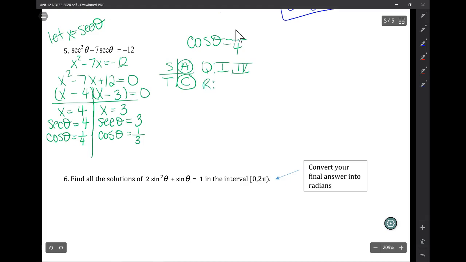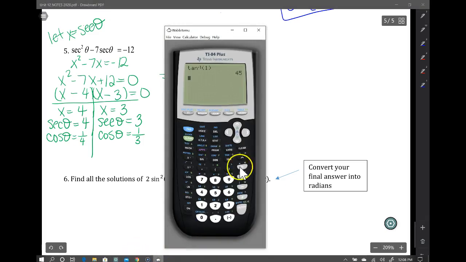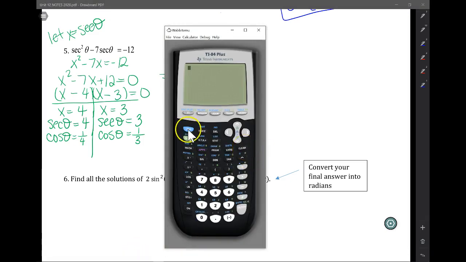I'm going to use my calculator to determine my reference angle for those quadrants. So let's take out our calculator. We are going to do inverse cosine of 1/4. I'm going to jot down a few of those decimal places, and I'm not going to round until the very, very end.